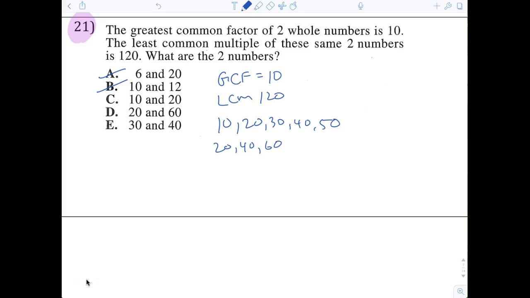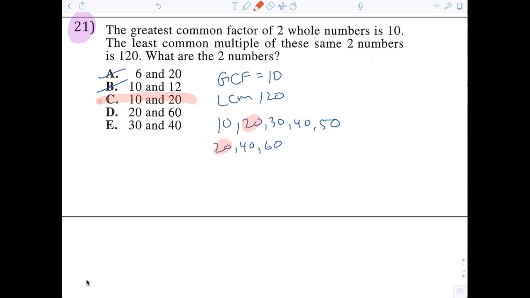Those are the least common multiples. So if you forgot that, you should write it down. So what's the least common multiple with 10 and 20? The least common multiple: 20. Why do they call it common? Because it's in both. And they're both multiples. So that's why 20 would be considered.